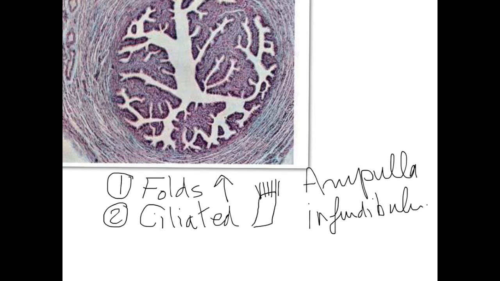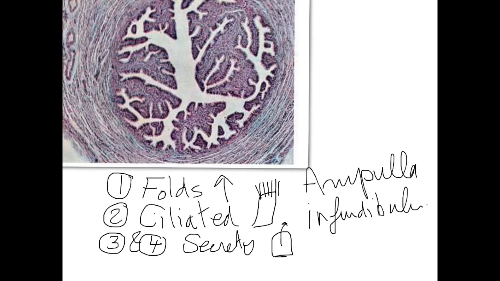Number 3 is the secretory cells here, which produce the secretion, and the thickness of the musculosa is more in the intramural part.